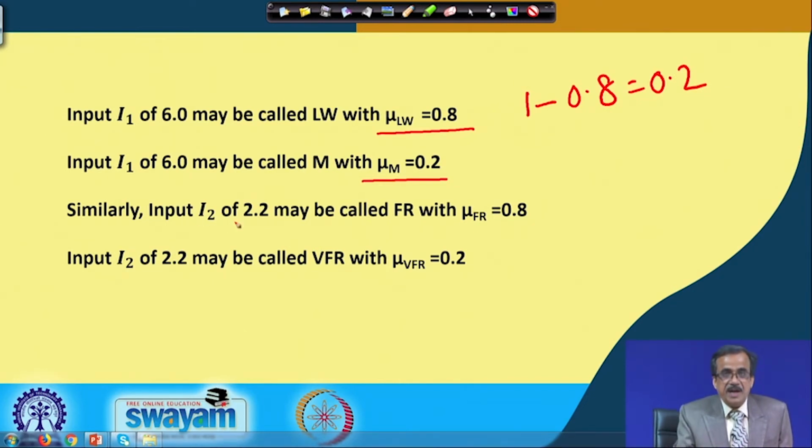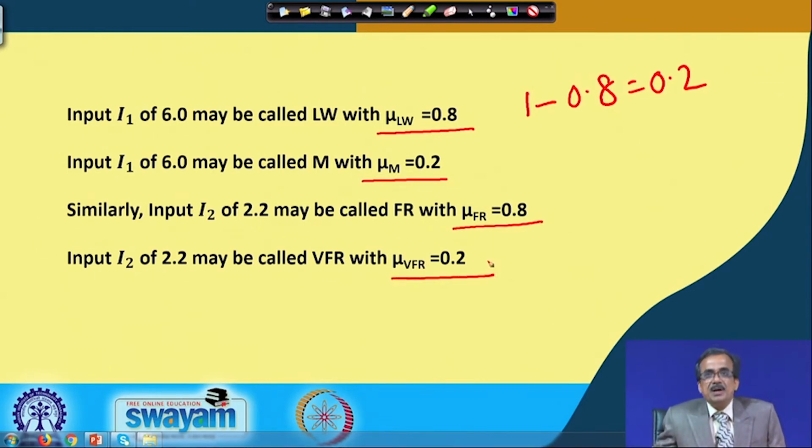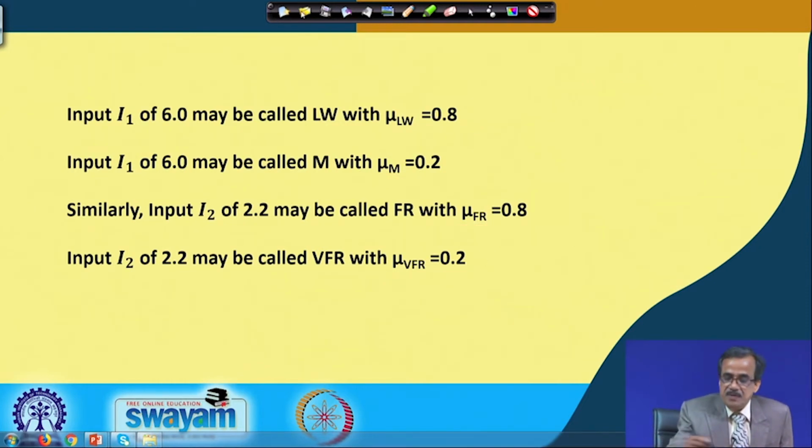Similarly, the input I 2 of 2.2 may be called far with the membership function value. So, mu far is 0.8. This can be calculated by following the same procedure. Now, the input I 2 of 2.2 may be called very far with the membership function value 0.2. So, for each of these inputs I 1 and I 2, with respect to their linguistic terms, we are able to find out the membership function values.